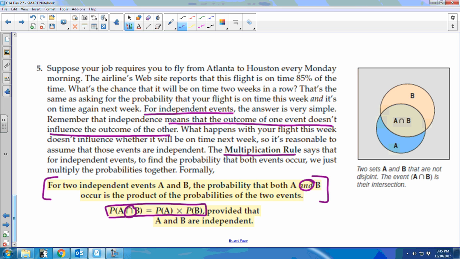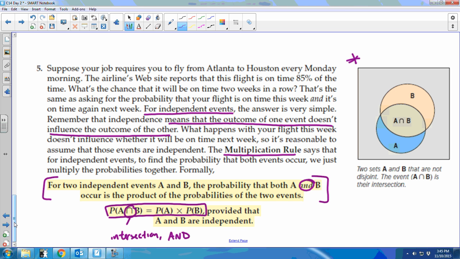This symbol just means the intersection, or and. And so we'll look at some examples. And if you have independent events, that means there's going to be some overlap, but the outcomes don't affect each other. Disjoint means there's no outcomes at all that are in common. All right? So events that are independent are not disjoint.